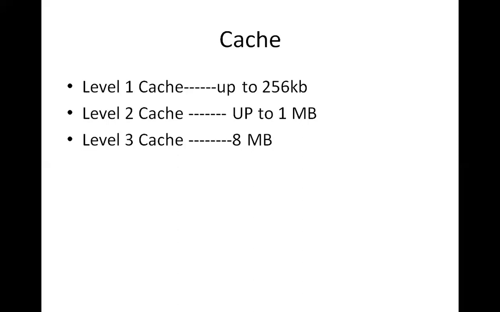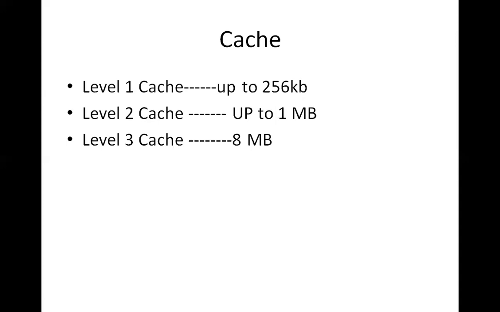Before that, up to 64 KB or 256 KB cache memory was available. Now level 1, level 2 and level 3 cache are available, and in some systems level 4 also. Level 1 cache will be accommodated in the motherboard itself, with the board hardcore. And sometimes level 1 and level 2 are the internal cache, and level 3 is the external.